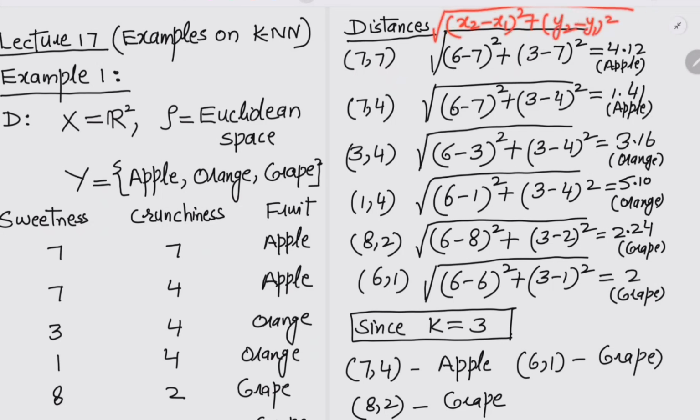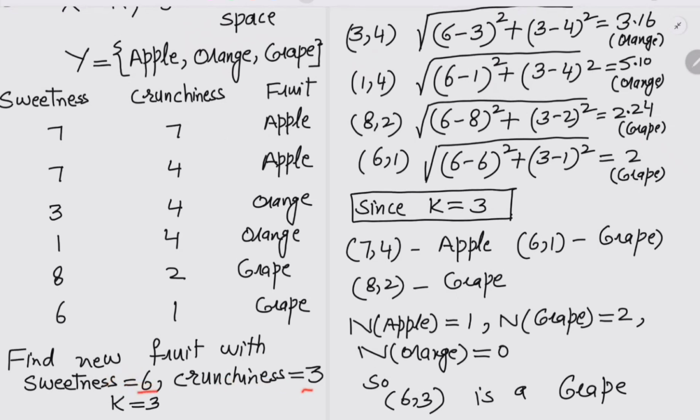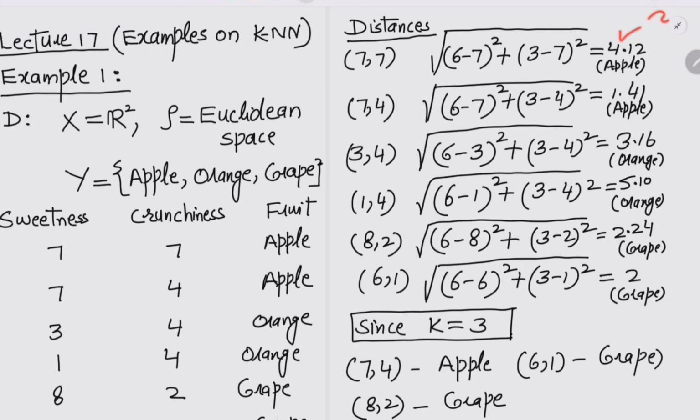So we find a distance from 7, 7 to 6, 3. We get 4.12, and we also know that in 7, 7, the first 7 stands for sweetness and the second 7 stands for crunchiness. This was an apple, so for distance 4.12 we have an apple.